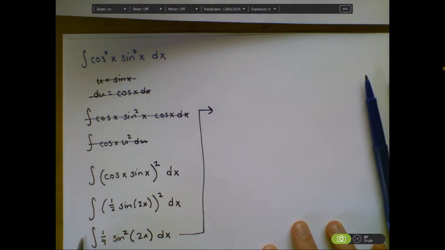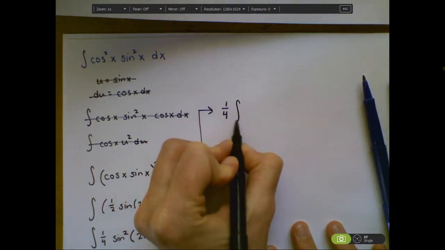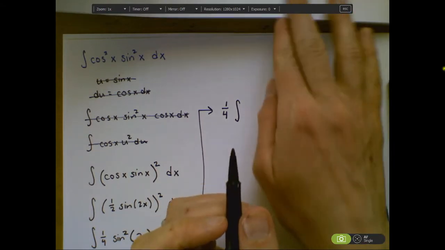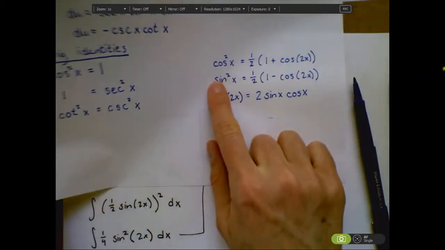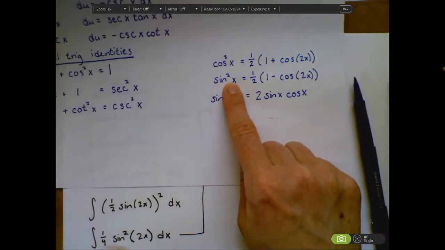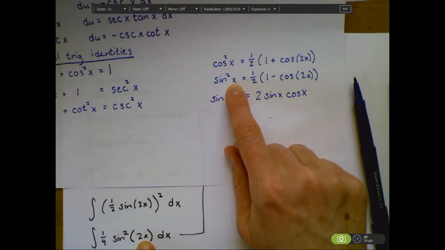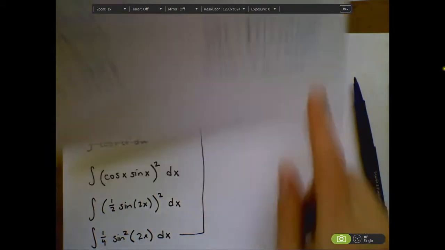So I'm going to pull the constant out front. This is just 1/4 of the integral of, and again the identity says that sine squared of x is equal to blah, but it's not sine squared of x in this case, it's sine squared of 2x, so I'm going to replace x by 2x, and that makes this a 4x.